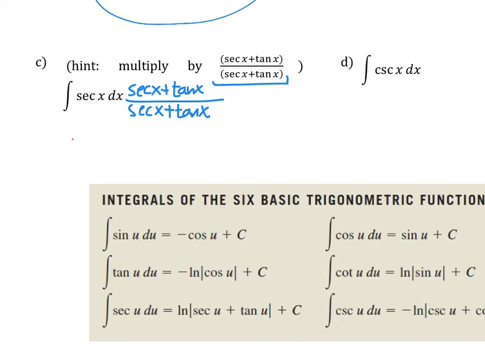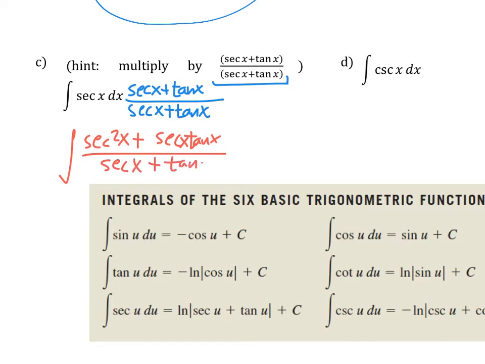And that's going to come out to be on top secant squared x plus secant tangent. And on the bottom, secant of x plus tangent of x. So what is going on there? That just made a mess.